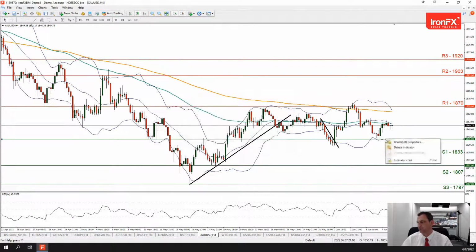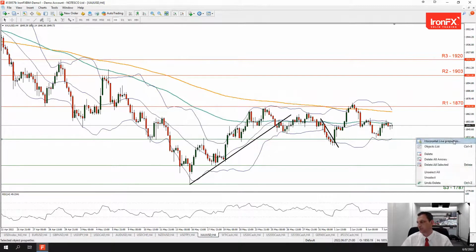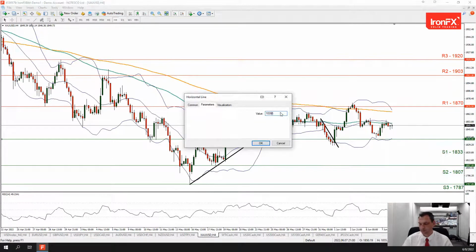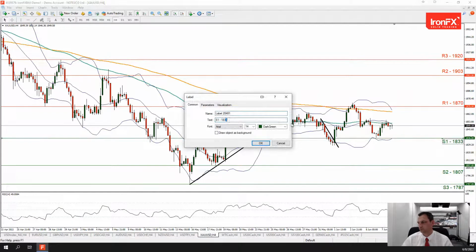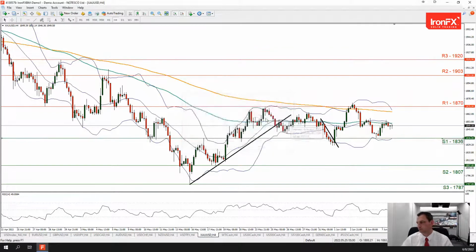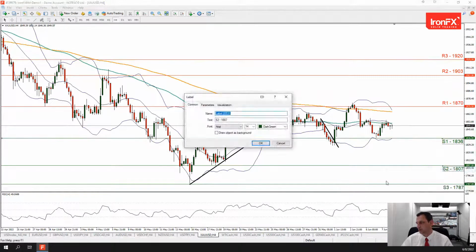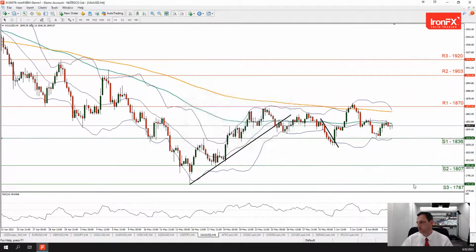No, that's too wide. 1836. Another support line being placed at 1807, and the last support line being placed at 1787.